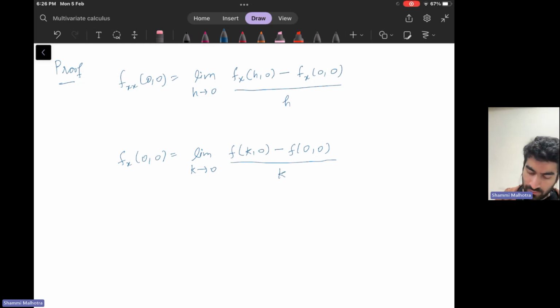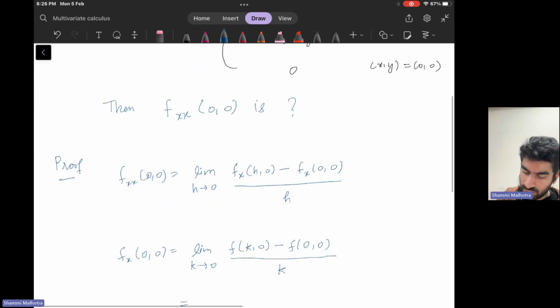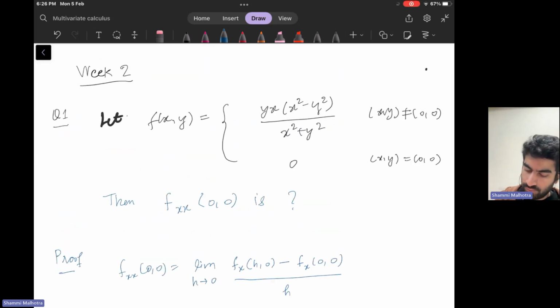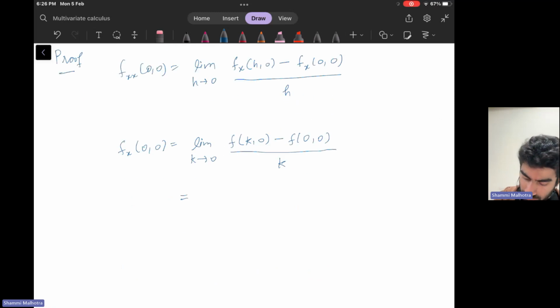If we see the definition of our function, f(0, 0) is 0 from the definition, and f(k, 0) is again 0 because I have to take y to be 0 and x to be k, non-zero, and then the denominator is non-zero. So we can conclude that f(k, 0) turns out to be 0 only. So the limit as k tends to 0 of (0 minus 0) whole divided by k, this limit will be just 0 only.